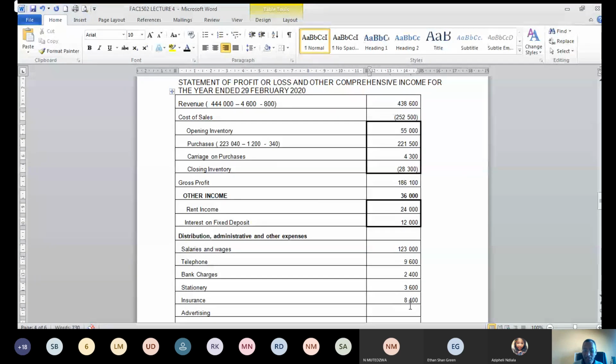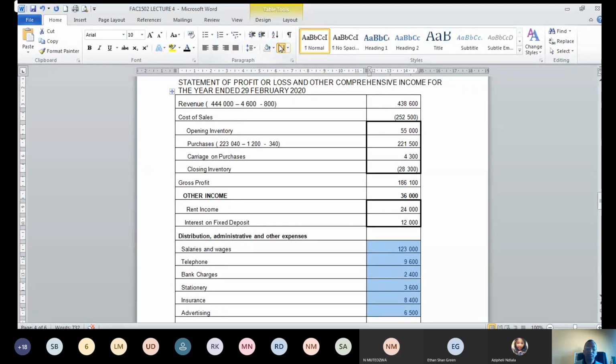And my advertising expense is the amount of 6,500 Rand. That will take care of all my distribution, administrative, and other expenses.